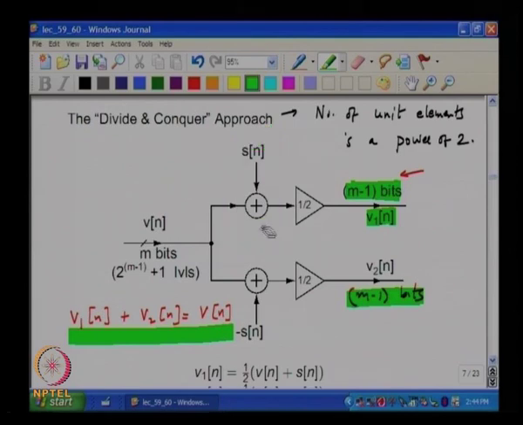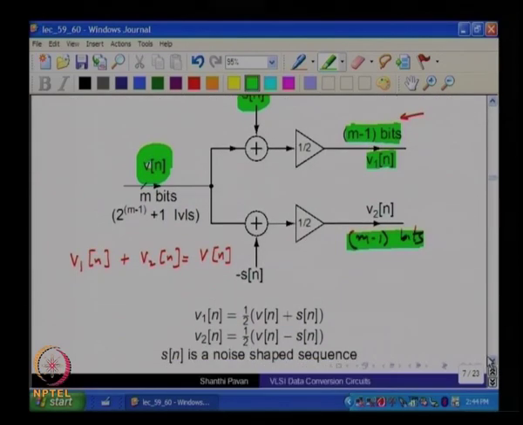So now by construction V1 plus V2 is equal to V, and I need to find some sequence S such that these are all satisfied.